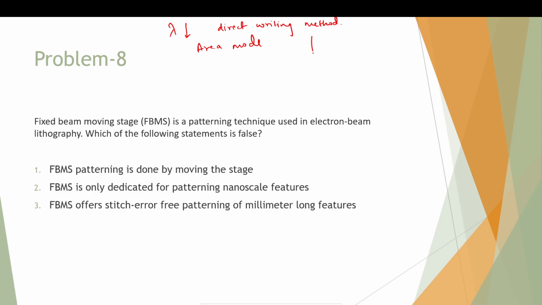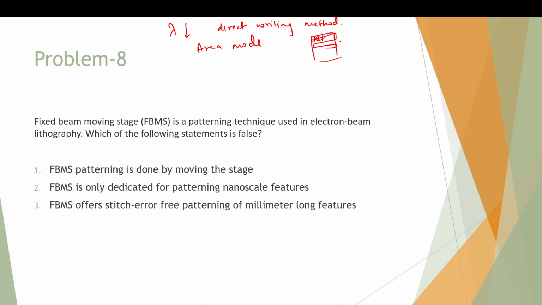If this is my mask, the direct writer will first write this column, then move to the next box, then the next box, like that. It will write one area at a time and then move on. It can do a raster scan or a vector scan. All these things were taught in the class.